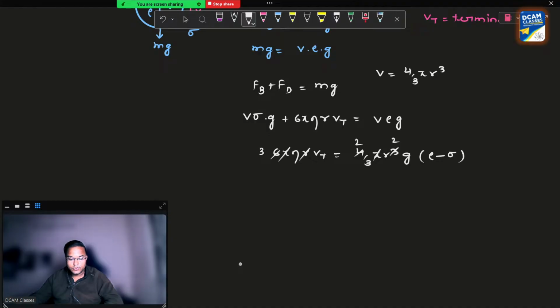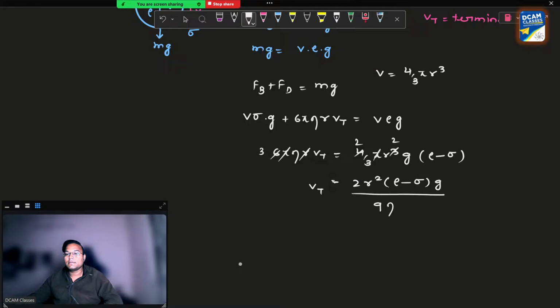So what expression will you be getting? Two r square into rho minus sigma into g by 9 eta.